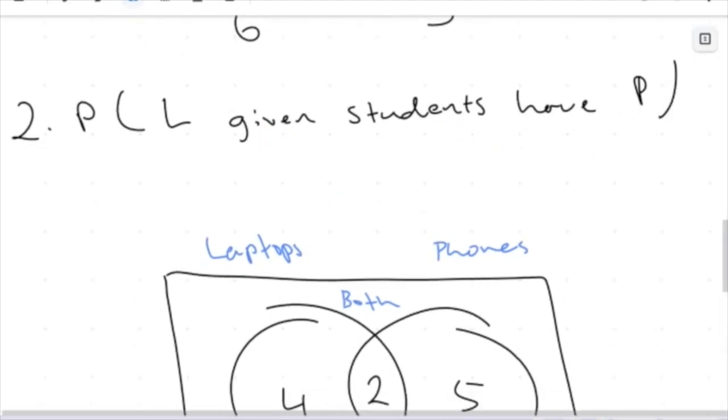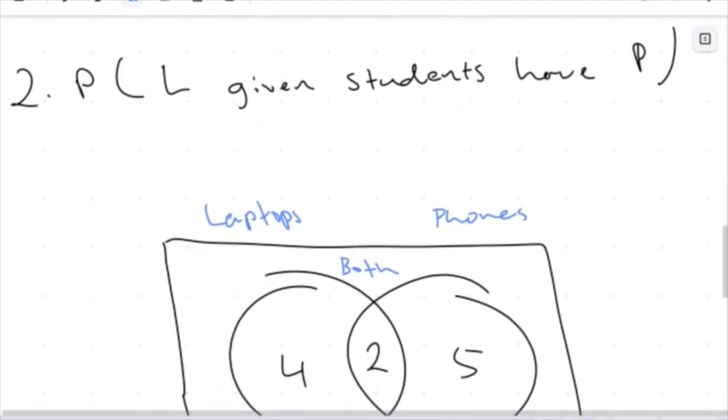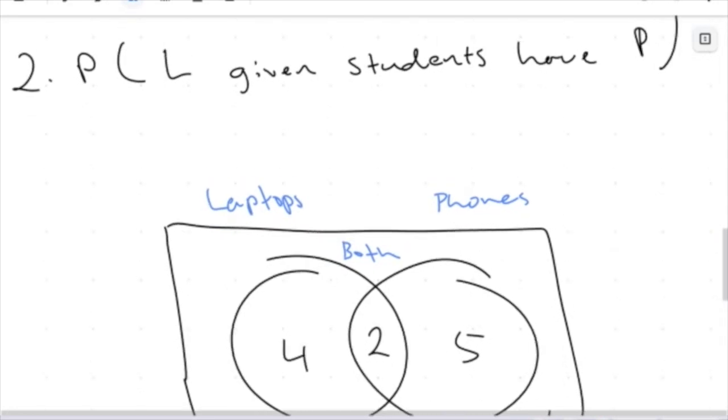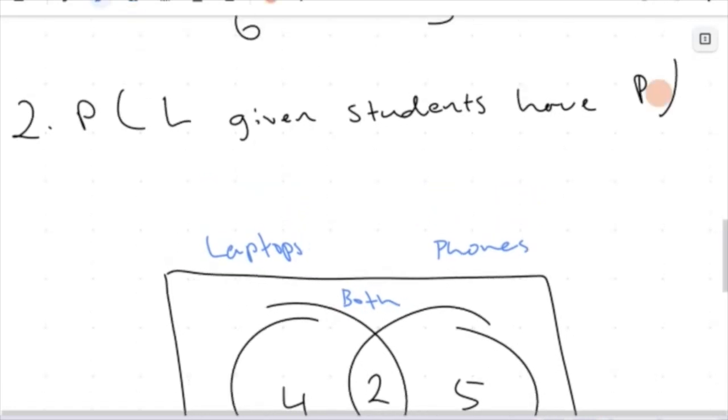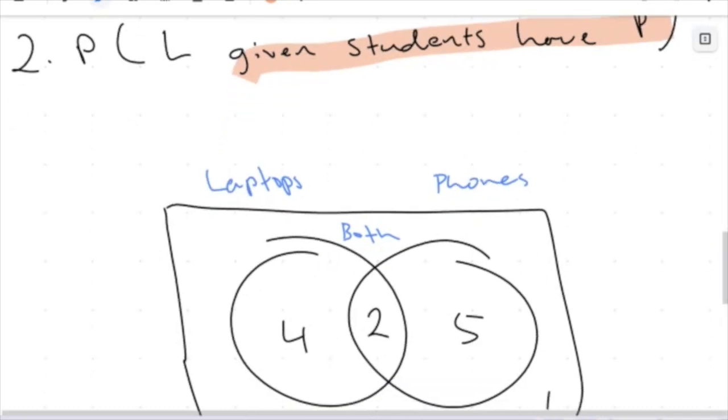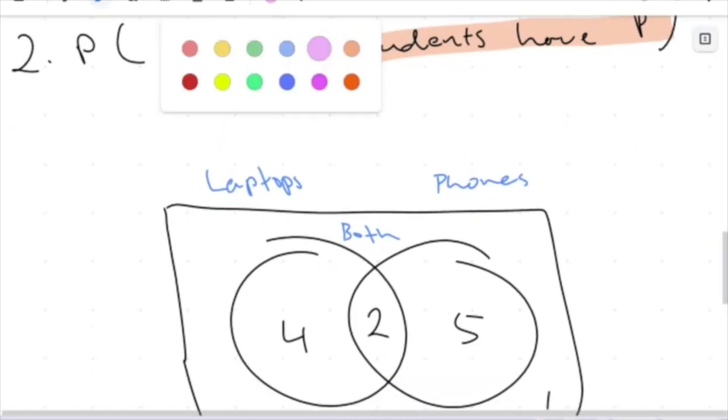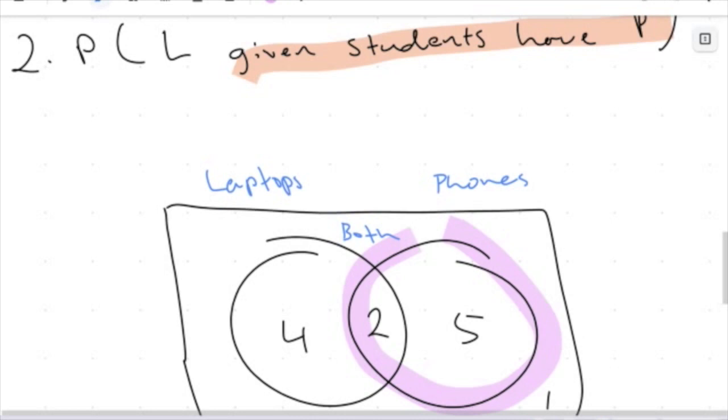We're going to take a further examination into this. So the probability of students having laptops given they have phones. Now, given they have phones determines my new sample space. I'm looking at the students that have phones.